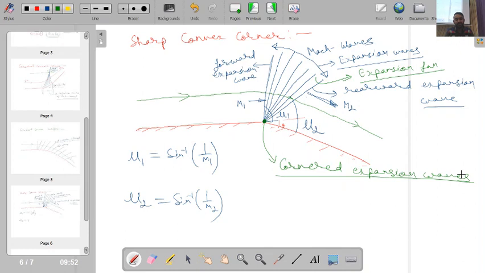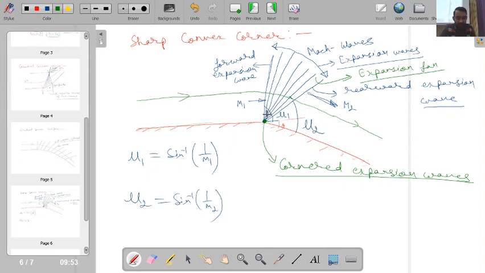So I have expansion, and this expansion is creating weak waves which lead to continuous or gradual variation in the properties. This is the reason these are called expansion waves. Another point is that all these expansion waves for this sharp corner are meeting at this point, and this is the point from where they originate. The reason is that all these waves create a high strength point over here, and this high strength point leads to a sudden change in the properties of the streamline which is just adjacent to the solid boundary.